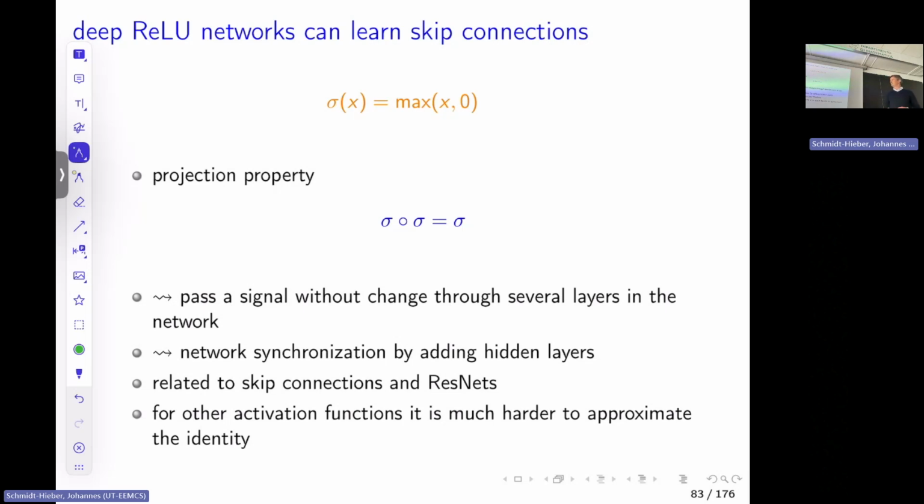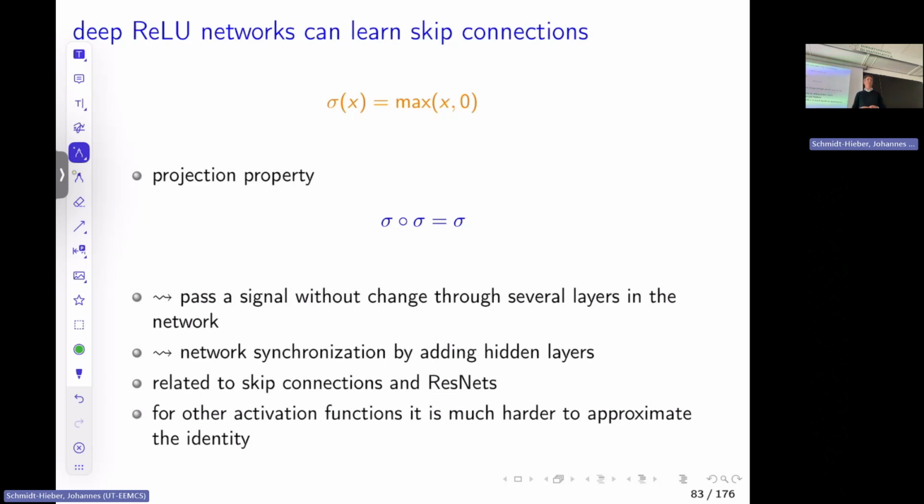So one thing which is important is that these ReLUs can represent identity in a very simple way. Because they're just projections, and if you apply projections twice, you get this. And that is important because we know that sometimes information has to be transferred to later layers.